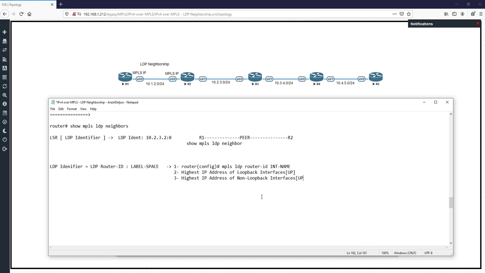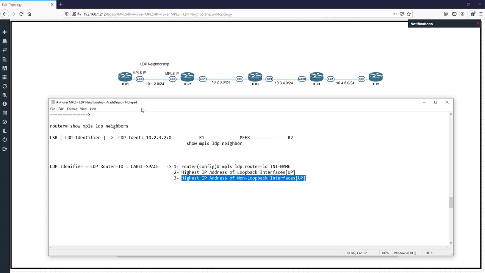Okay, should be up. Now, we didn't configure the router ID, and we didn't have a loopback interface. Because of that, the highest IP address of a non-loopback interface is now chosen for the router ID.